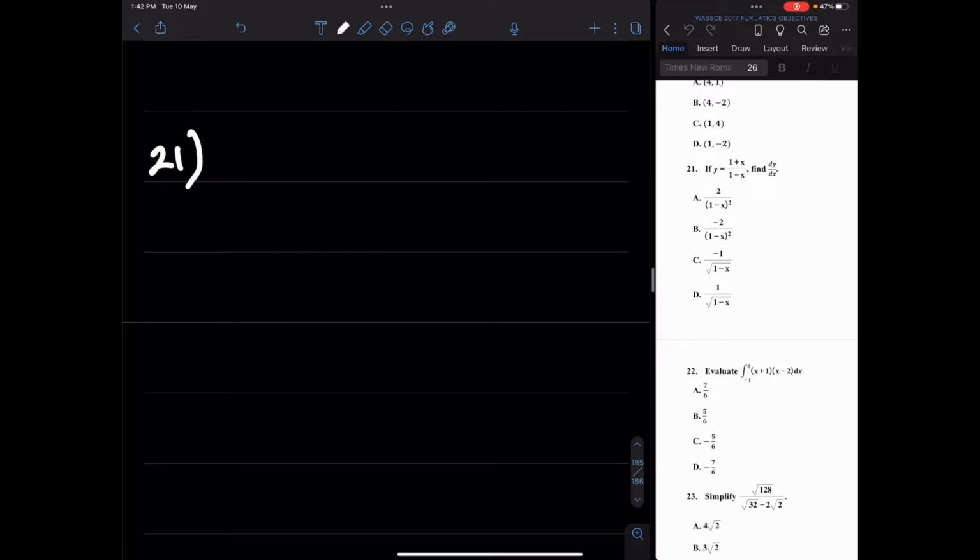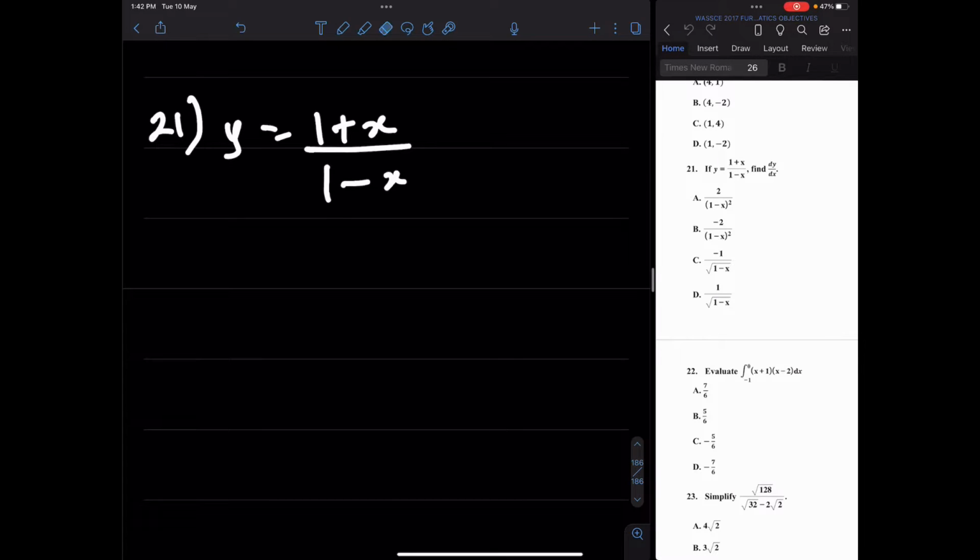21. If y equals 1 plus x over 1 minus x, find dy/dx. This is a piece of cake. To differentiate a quotient of two functions, put down the bottom, which is 1 minus x, differentiate the top.